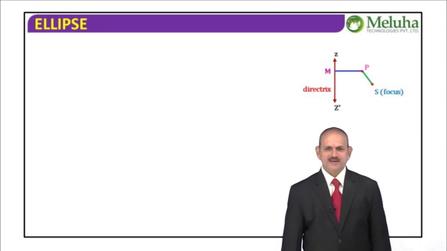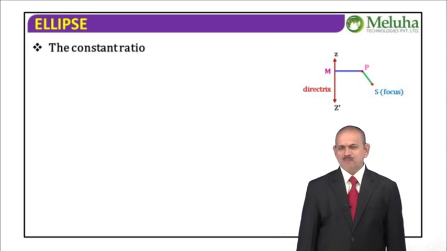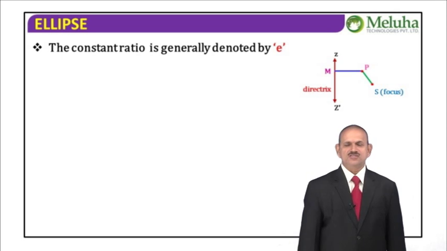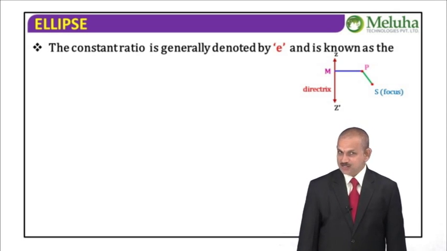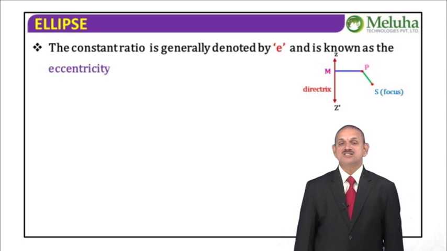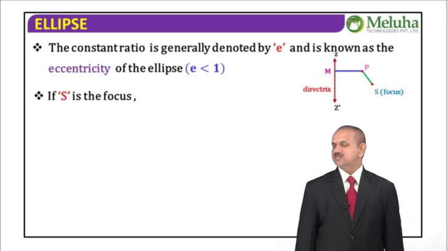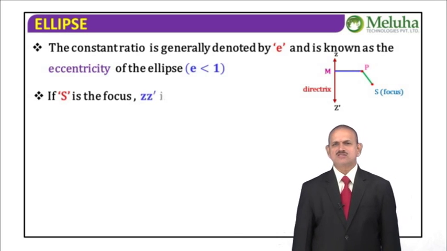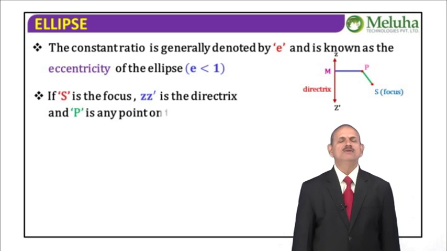Good. Look at the diagram. The constant ratio PS by PM is equal to e. The constant ratio is generally denoted by e, and it is known as the eccentricity of the ellipse, and it is less than 1. The fixed point capital S is the focus. Z dash is the directrix, the fixed line.